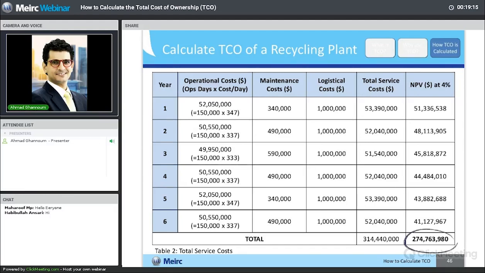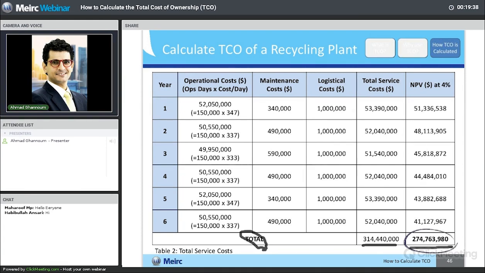A full $7 million less, which goes to illustrate the importance of calculating all figures at present value. Also, if we just look at the total expenses incurred, the $314 million actually amounts to just $274 million in today's value. Now, this is significant. This is $40 million here.